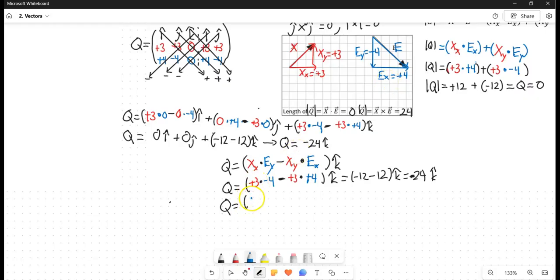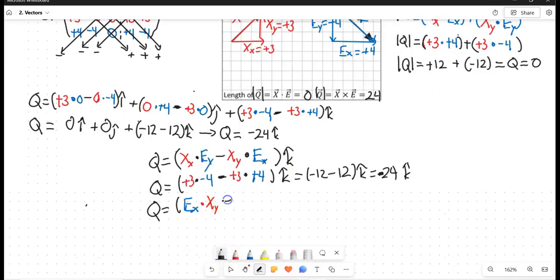The blue's x direction, so we're going to go E X times x, y. Well, it'll be a different sign, but you know what I'm saying. Here we go. So I'm going to put the y direction of this times the x direction of this.